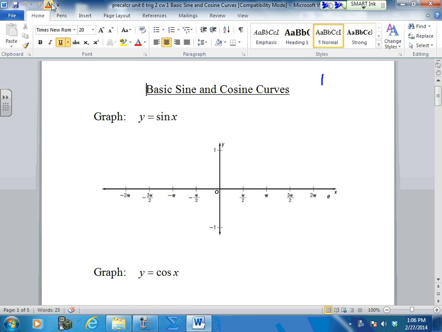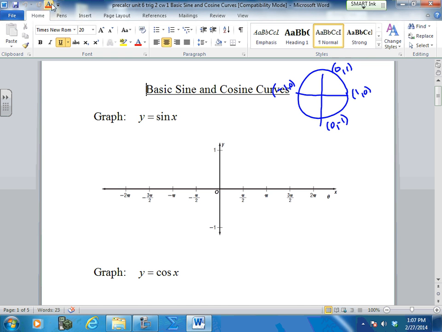So we're going to start with your unit circle. What's the radius on my unit circle? 1. So we go out 1, we go up 1, we go over 1, and we go down 1. Now, picture this. I cut a piece of string. I start here, I wrap it around my circle.